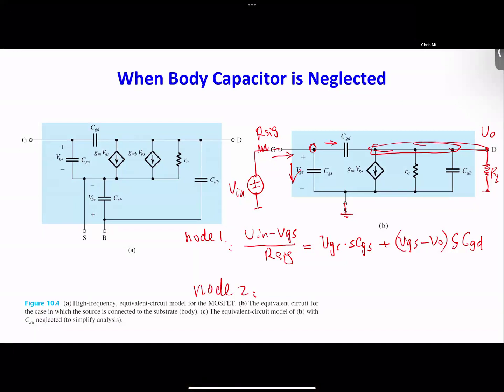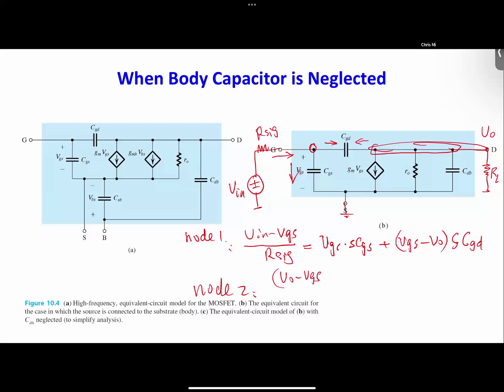So we can write node 2, and then we have one current coming out that way, which is VO minus VGS times SCGD, plus GM times VGS, that's one current, plus VO divided by RO, plus VO times SCDB, plus VO divided by RL.